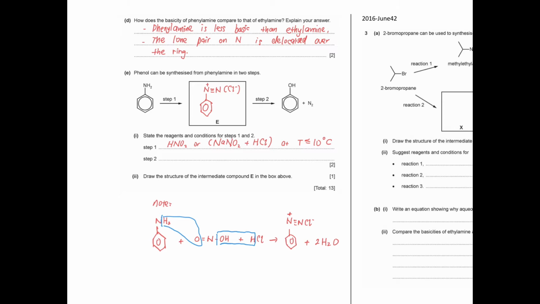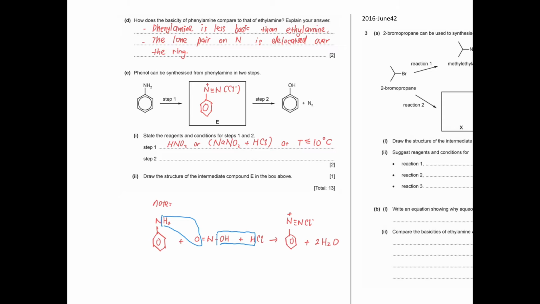Okay, then step 2, how to change it to phenol. We have to keep our benzene diazonium at low temperature. If the temperature is not that low, it will straight away become phenol and nitrogen gas. So step 2 is quite easy.